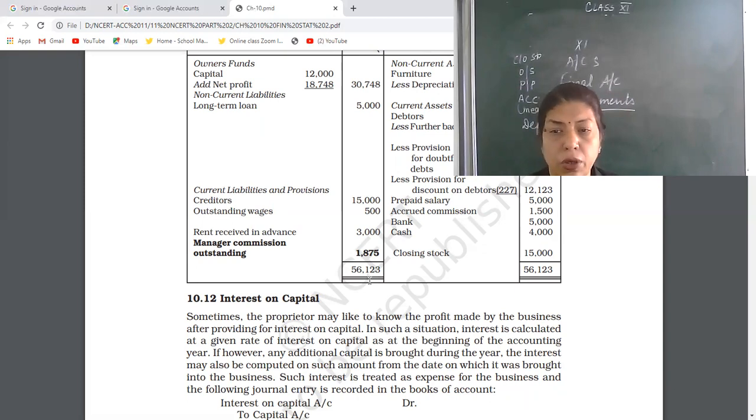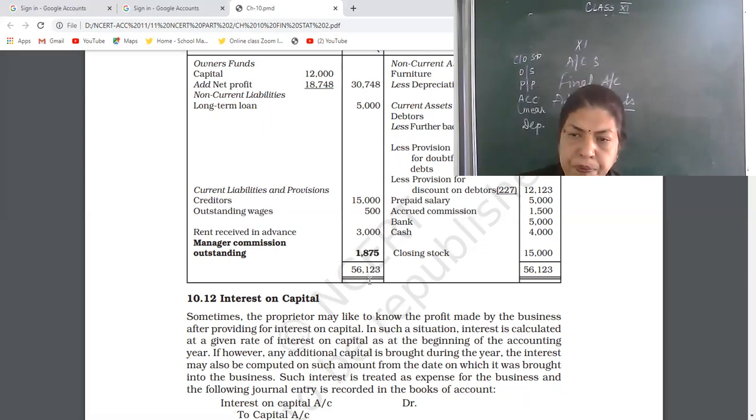Be careful, on the balance of opening capital, which is to be brought forward from the previous year to the current year in the beginning, and if any additional capital is introduced, brought into the business, then interest is also calculated on such amount. Such interest is treated as expense for the business.